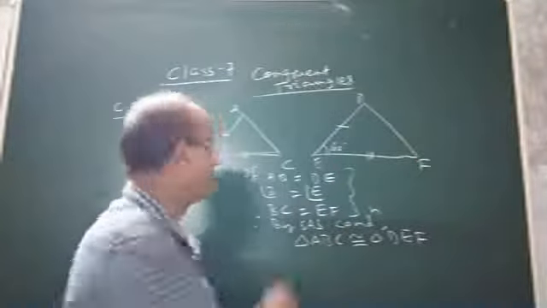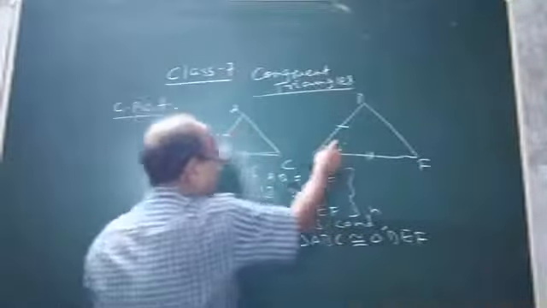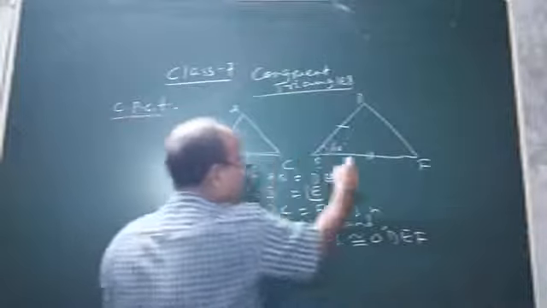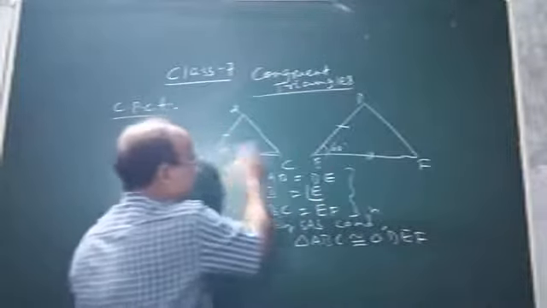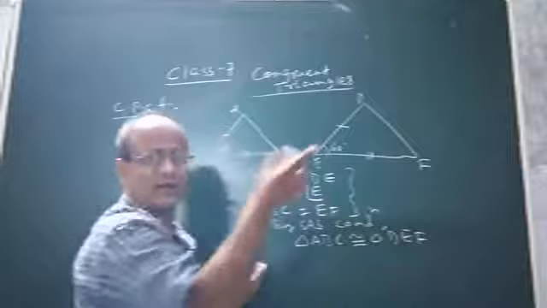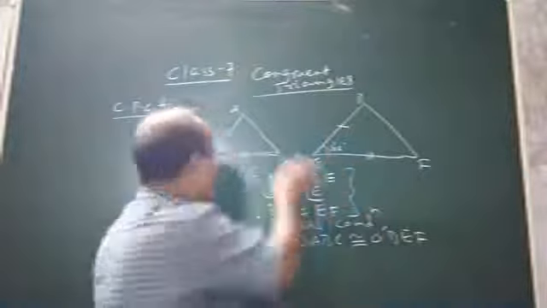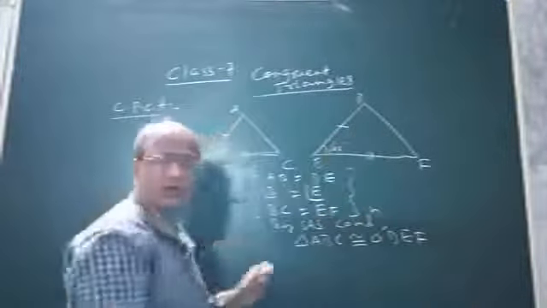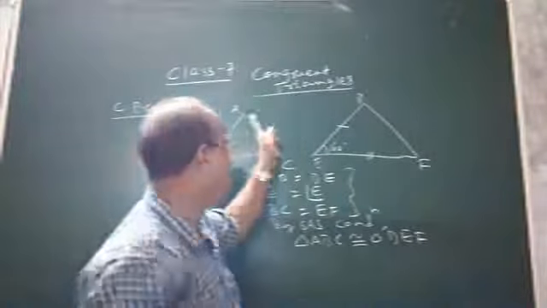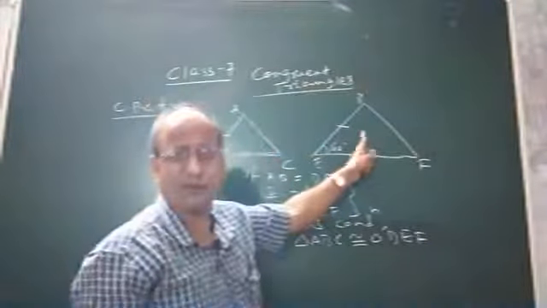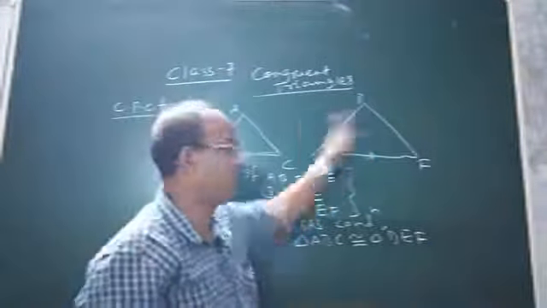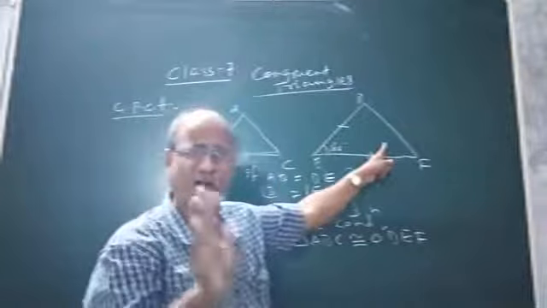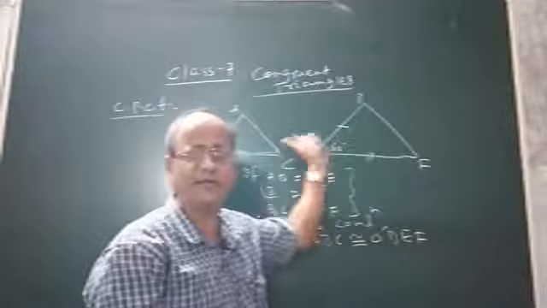See, AB and DE are equal, given, BC and EF equal, given, angle B and angle E equal, given, 60 degrees. So we came to conclude that this triangle and this triangle are congruent by the SAS condition. Now after the two triangles became congruent, there are other pairs of corresponding sides and corresponding angles also left in these two triangles.